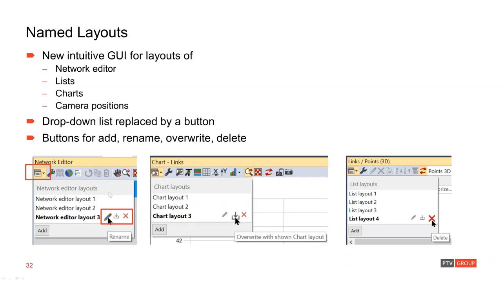And so the handling of those is much more intuitive. They are still saved in the LAYX file as used, but just for selecting one of the existing ones, you click the button and then click the layout name, and for adding the current one, you click the button and then you click add.